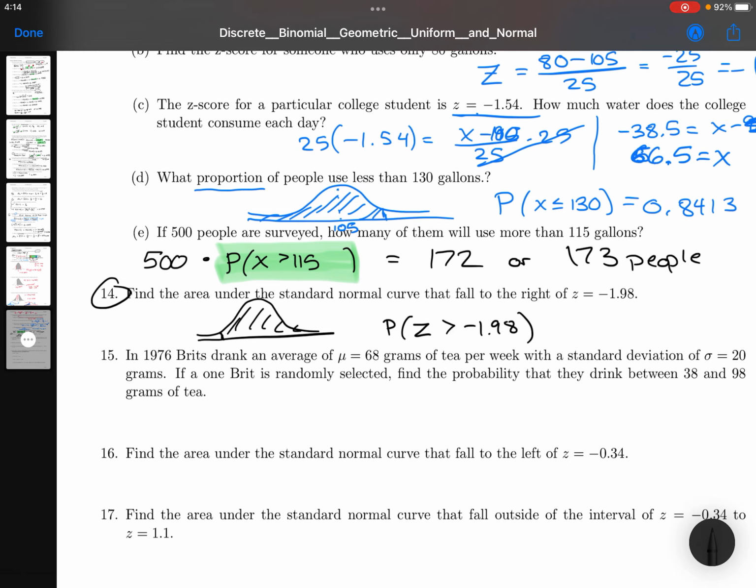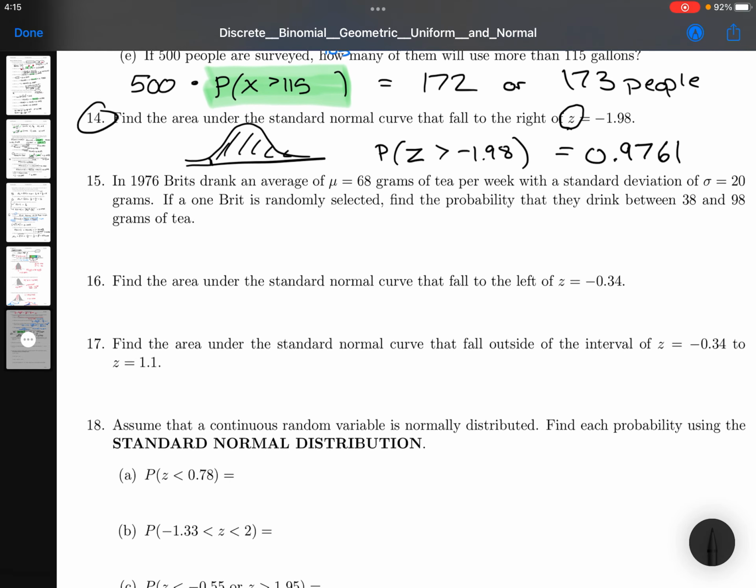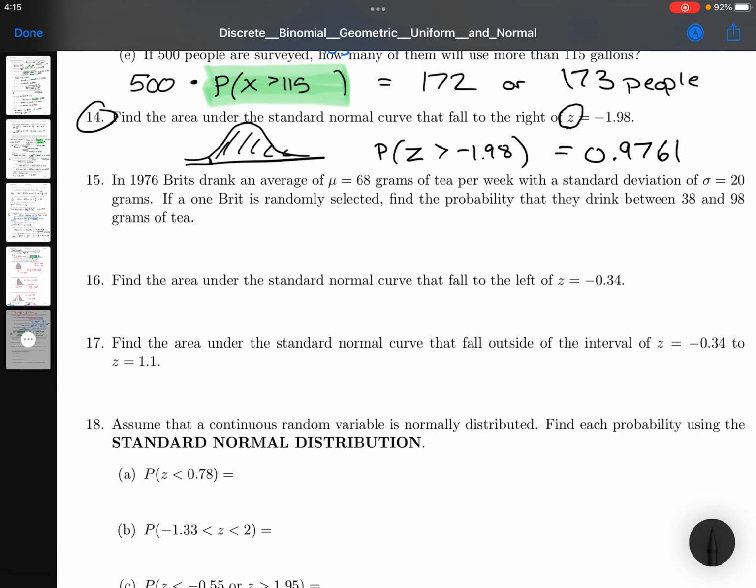My mean is 0. How do I know that? This is standardized. All right, we should get about everything, or 0.9761.